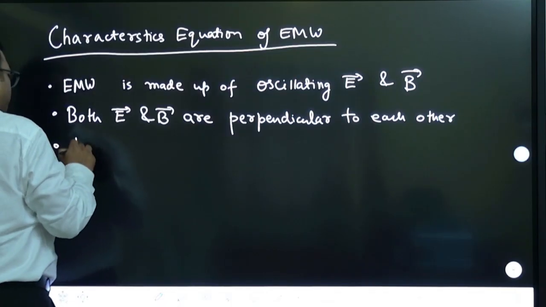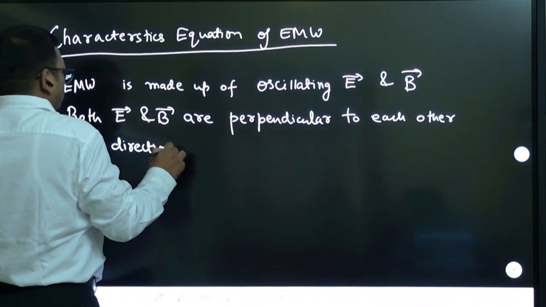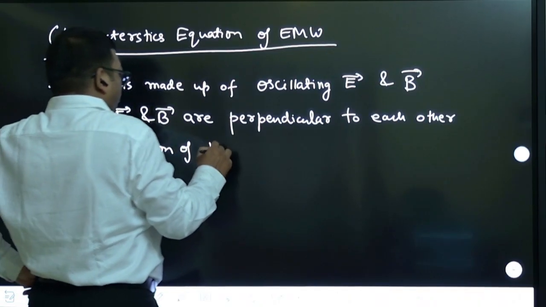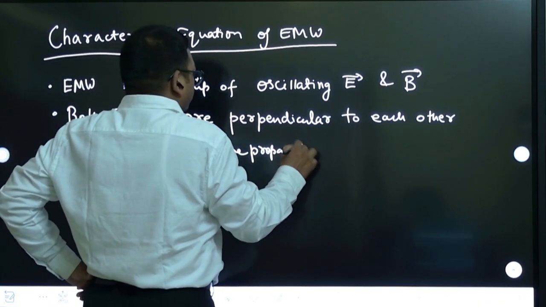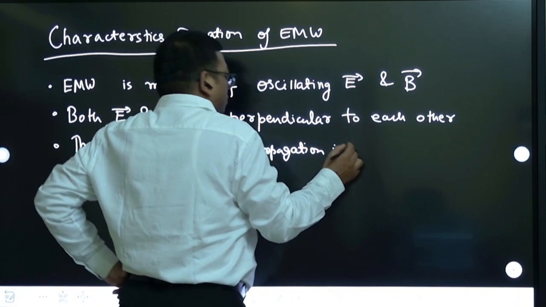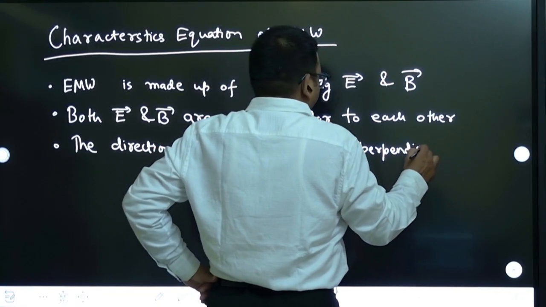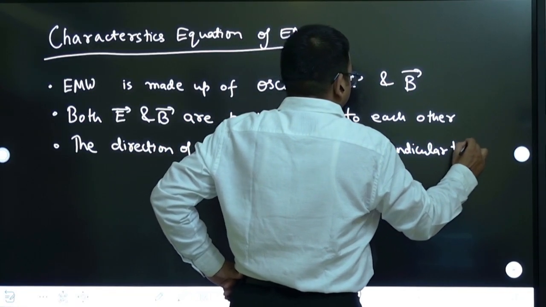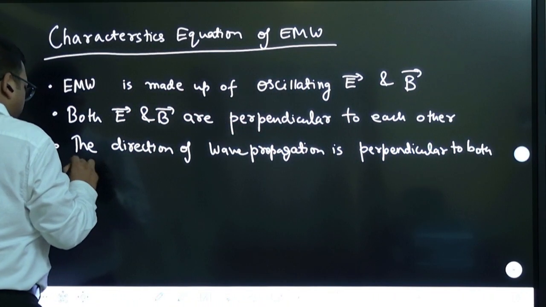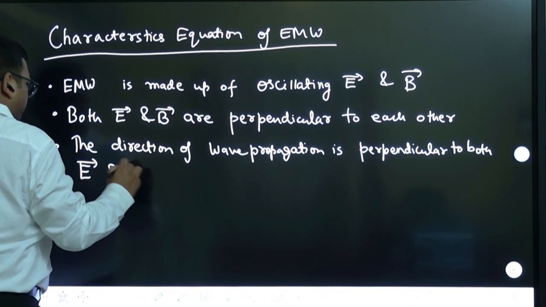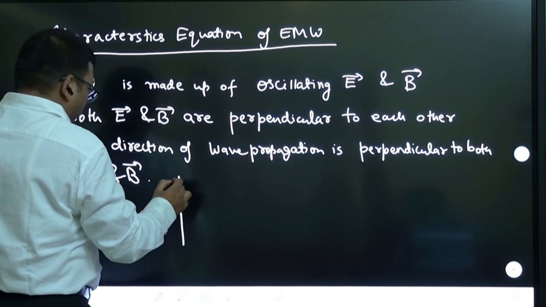The direction of wave propagation is perpendicular to both electric field and magnetic field. So let us draw a rough diagram.